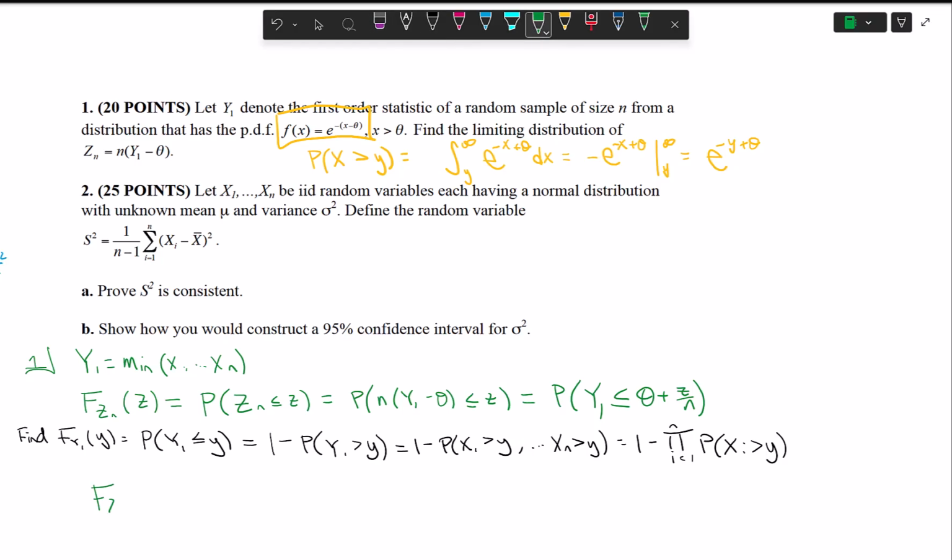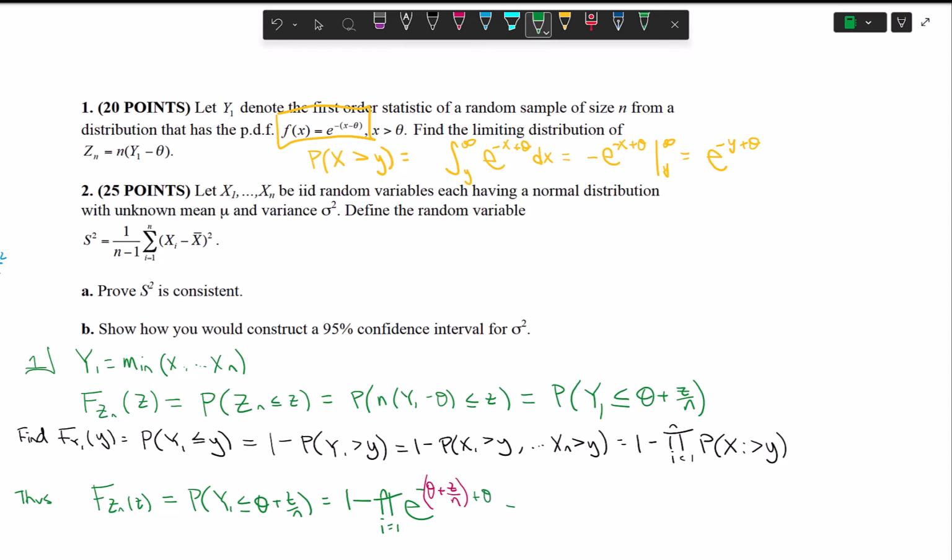So we got F sub Zn of z is going to be probability Y1 less than or equal to theta plus z over n, which is going to be 1 minus the product of e to the minus, I'll put theta plus z over n, plus theta, like that.